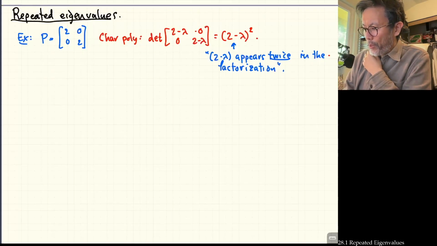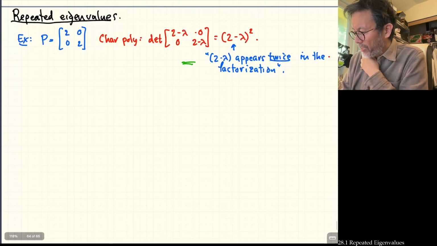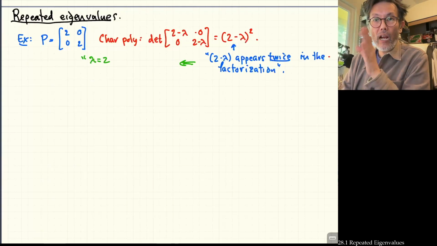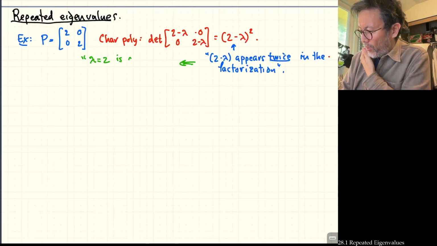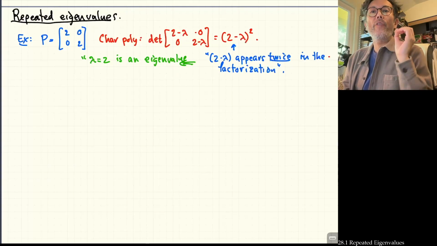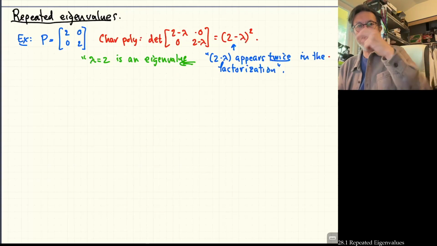So another way of saying this, that sometimes people say, is that lambda equal to 2 is an eigenvalue. And this is true. It is definitely an eigenvalue because it's a root of the characteristic polynomial. But we say with algebraic multiplicity 2.